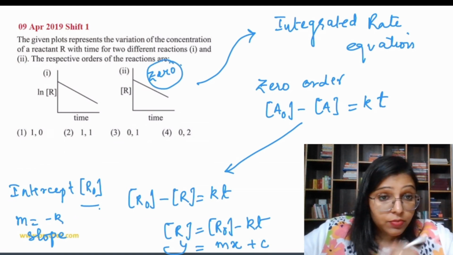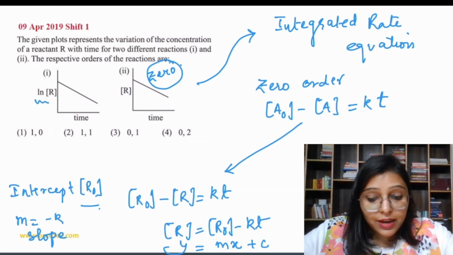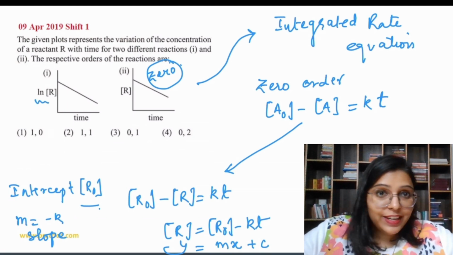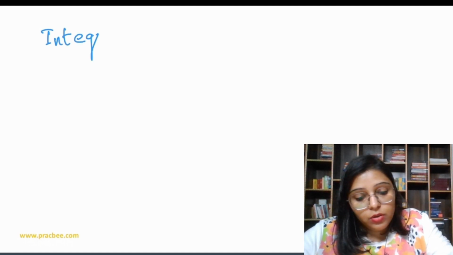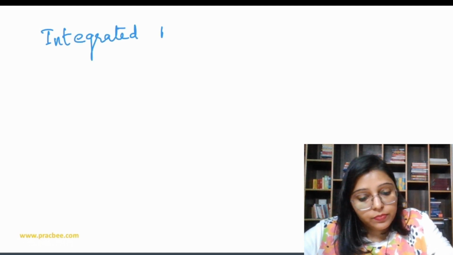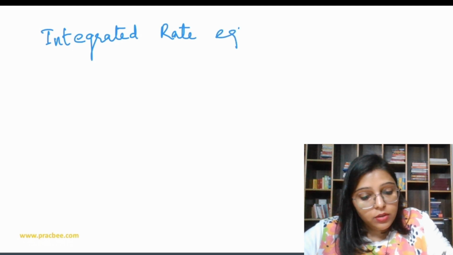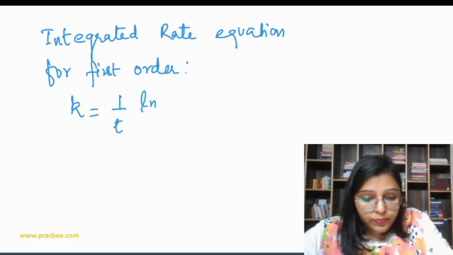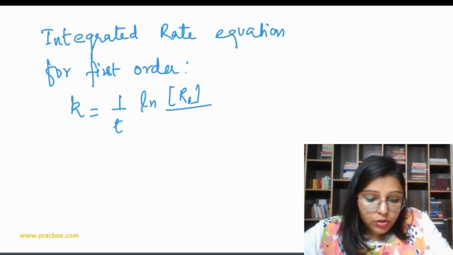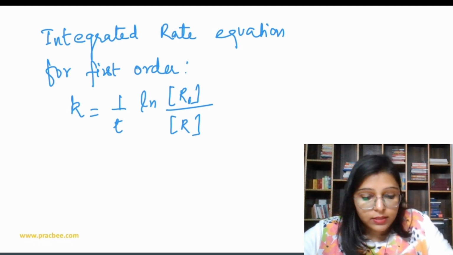Now in the first one there is a plot between ln R and time. So what is the integrated rate equation for first order? K is equal to 1 by t ln initial concentration of the reactant upon final concentration.